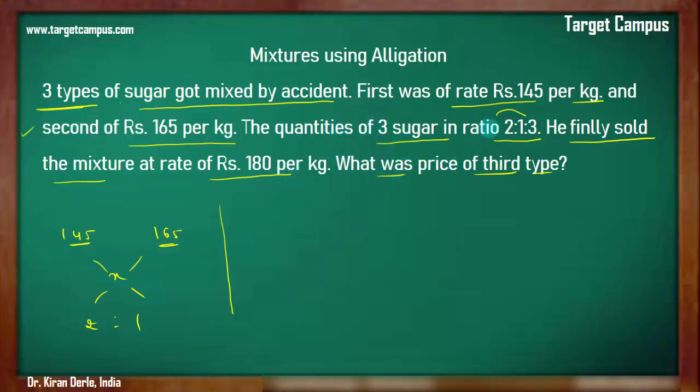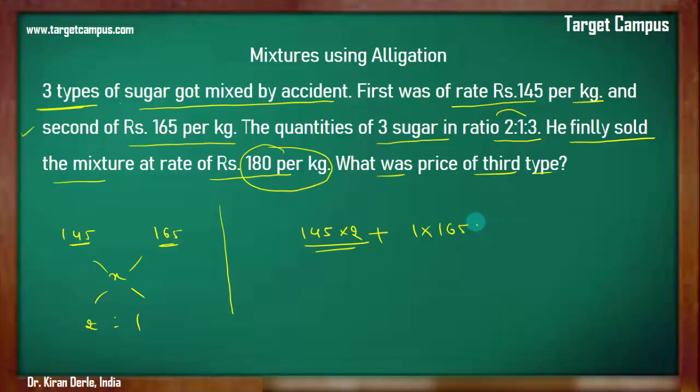Let's see. What we are given is the quantities of the three sugars. He finally sold the mixture at the rate of 180 per kg, of all the three quantities. Now let's take 2 kg of the first quantity, plus 1 kg of the second quantity.